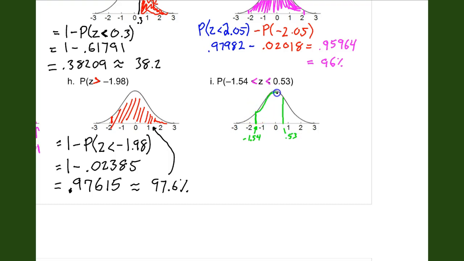So we're going to look at everything in between these two. So a fairly big number, but not too big, right? Most of this is empty on this side, at least. So remember, we want to find the value of the bigger number, 0.53, and subtract the smaller.